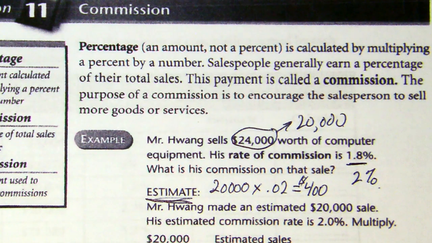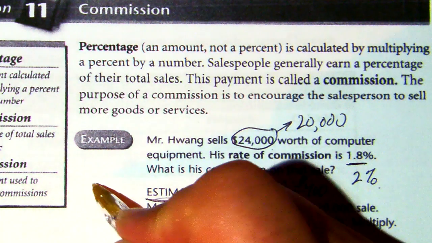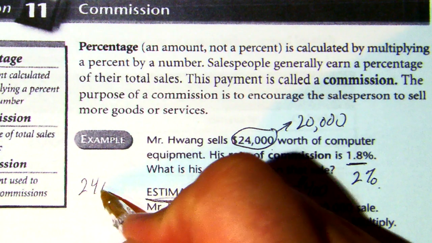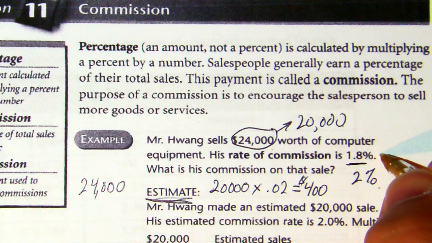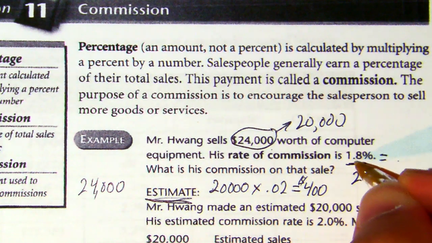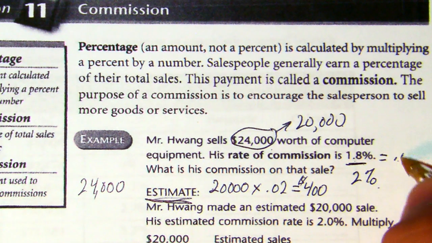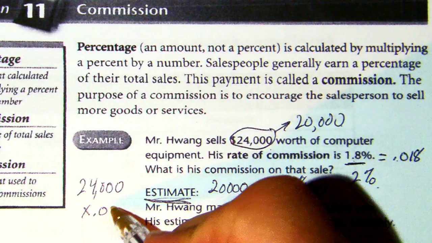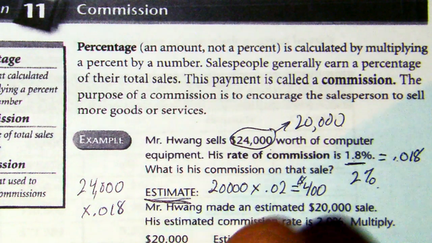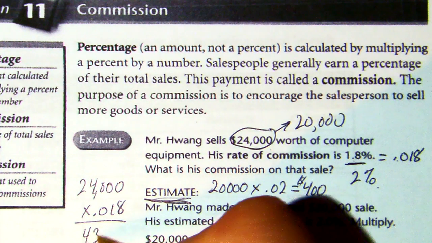We'll say the actual. You're going to take the 24,000, multiply it by 1.8%, which as a decimal is, move it over to the left twice, 0.018, and you're going to get $432.